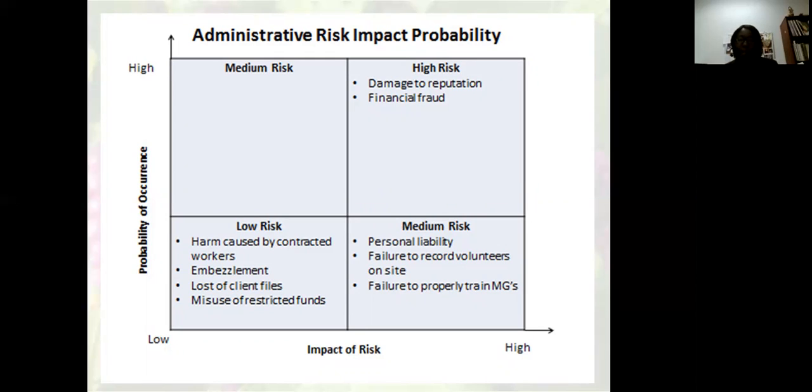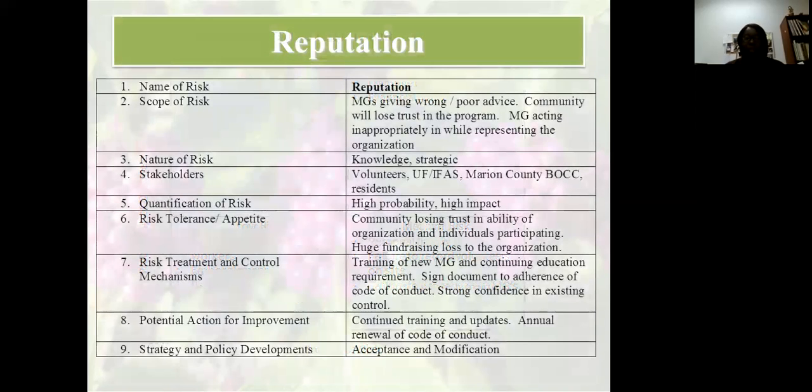Then you have personal liability, failure to record volunteers on site, failure to properly train master gardeners. Low risk would be harm caused by contracted workers, embezzlement of funds, loss of files, and misuse of restricted funds. So those are some things that we came up with.